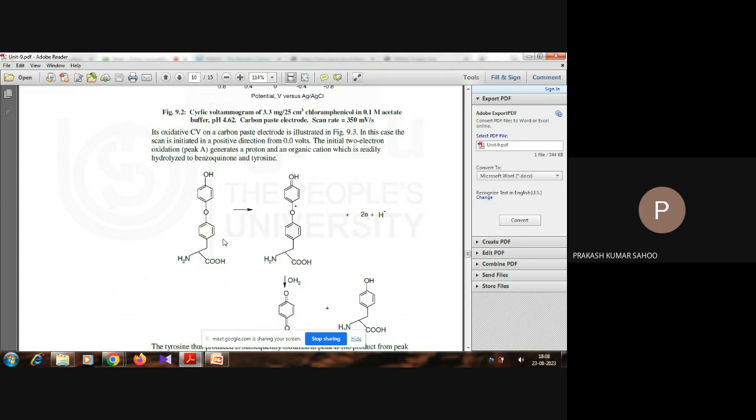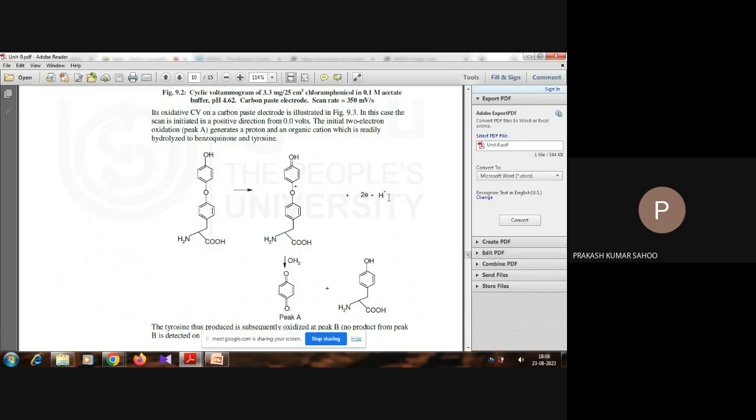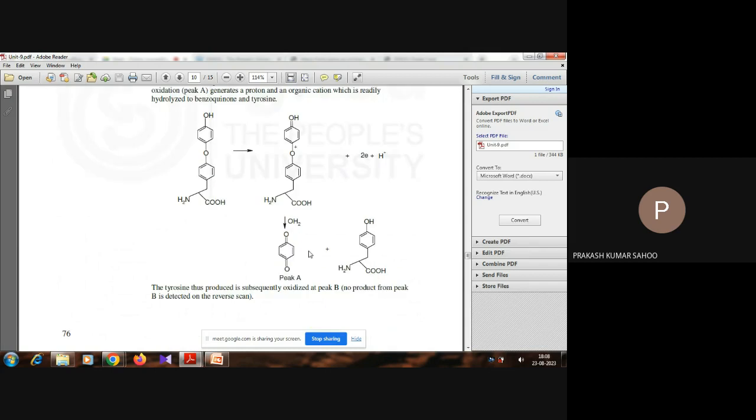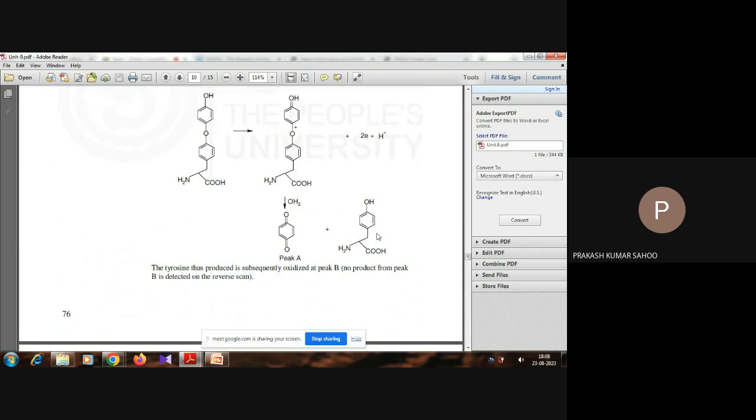So this is not hydroquinone; now it is benzoquinone. Benzoquinone with tyrosine, we will get this one, and then by loss of H plus we will get this, and by what are the byproducts? This is the benzoquinone, and this will be the tyrosine.